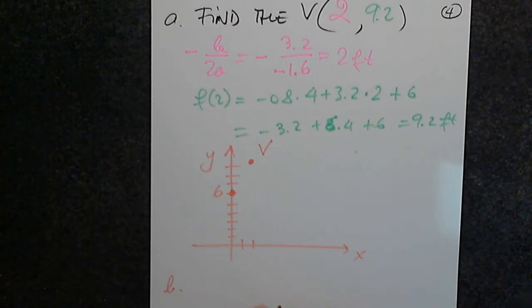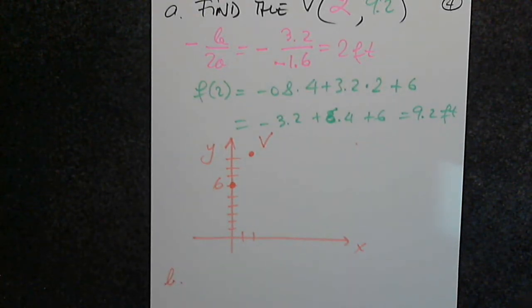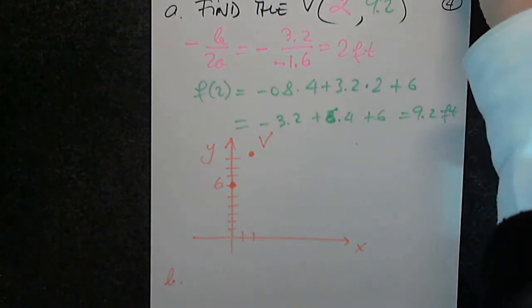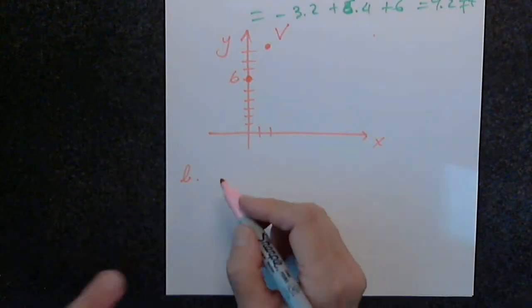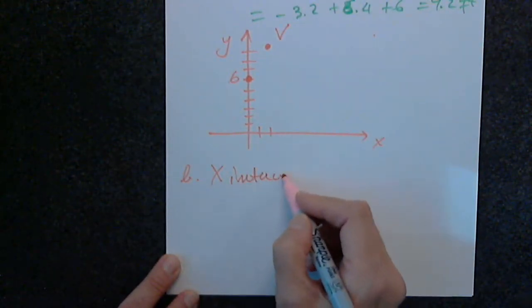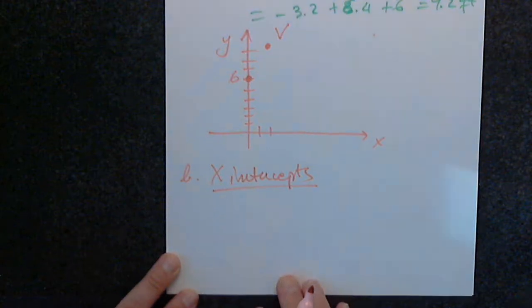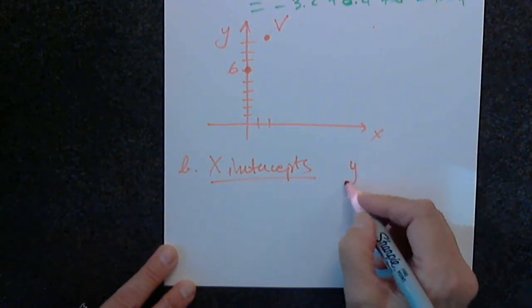Part B. How far does the ball travel horizontally before hitting the ground? What am I asked to find now? Excellent. X-intercepts. So I get when y equals 0.